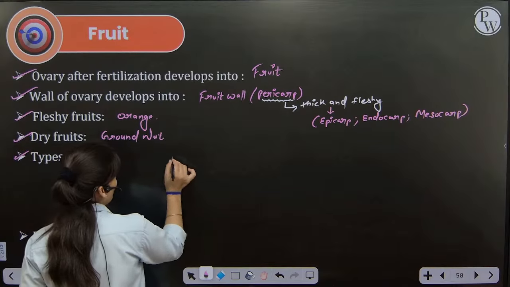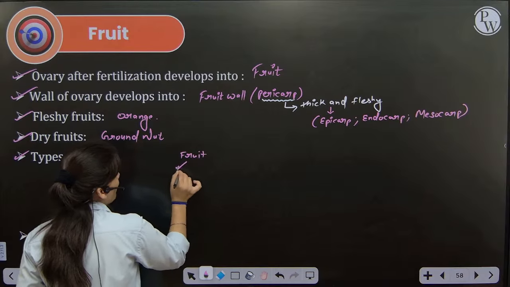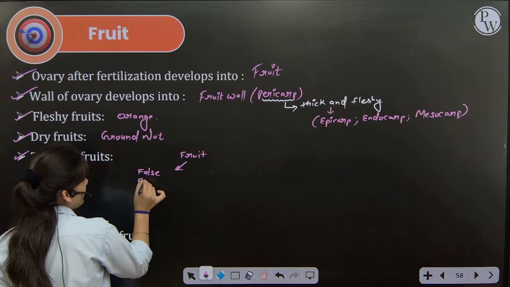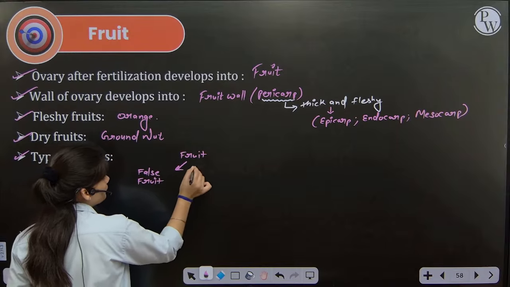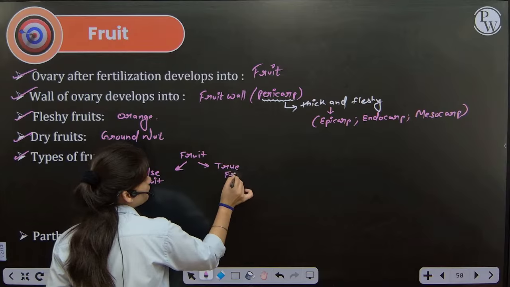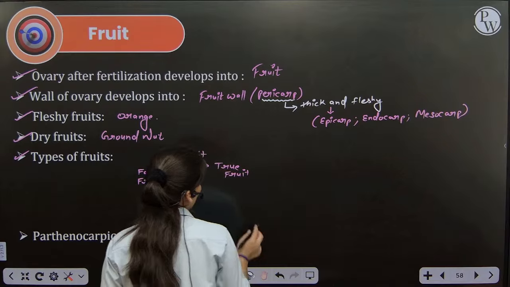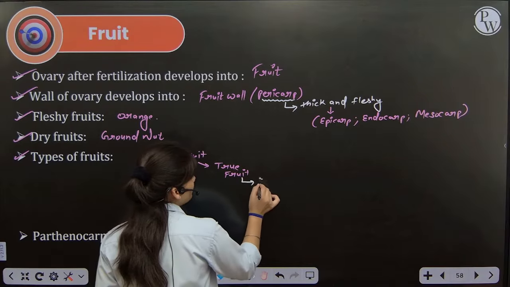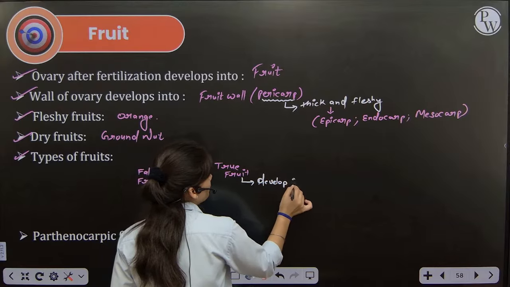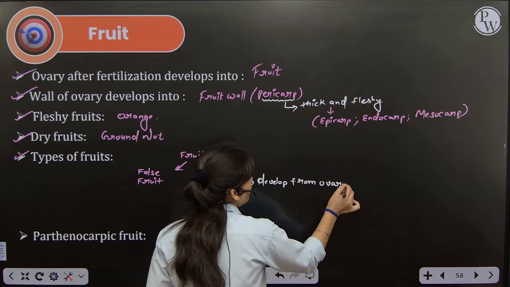Fruit can be divided into false fruit and true fruit. What are true fruits? When fruit develops from the ovary, then they are known as true fruit.